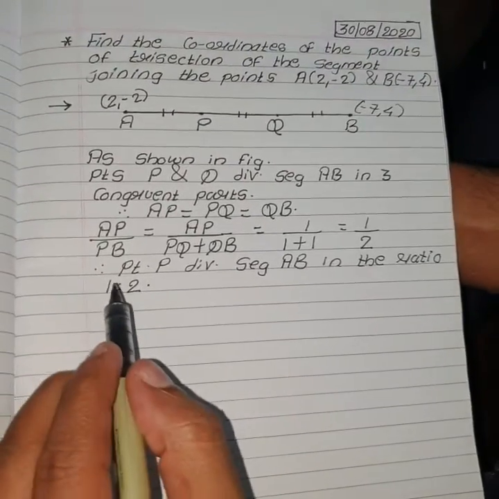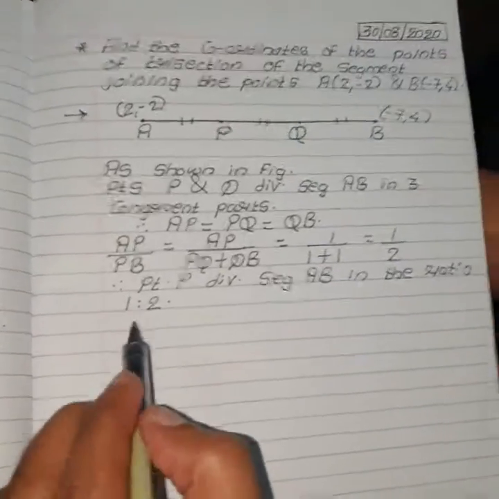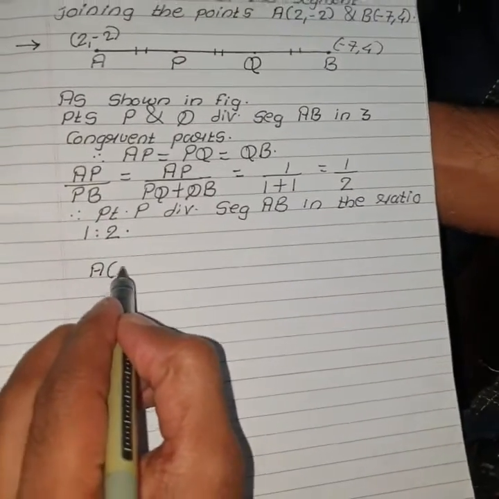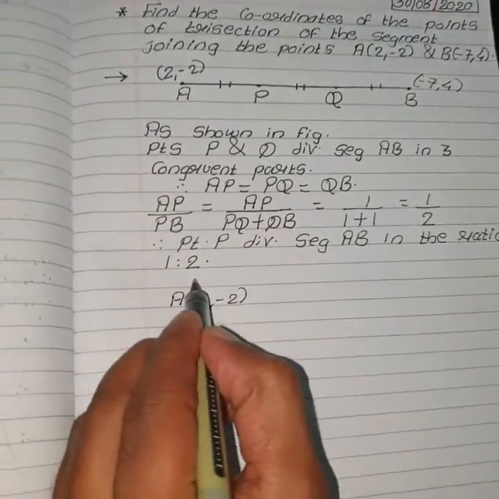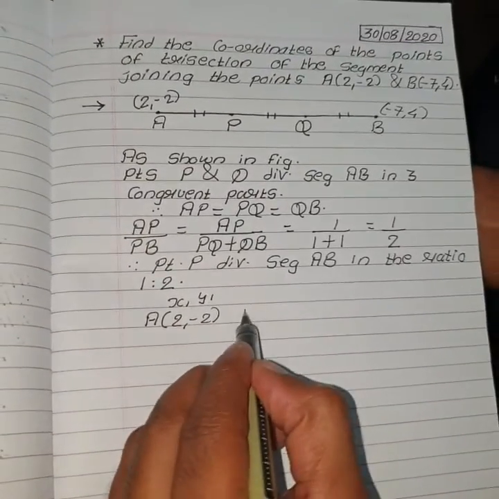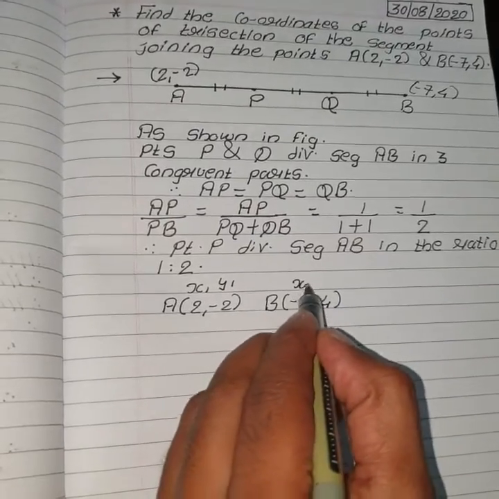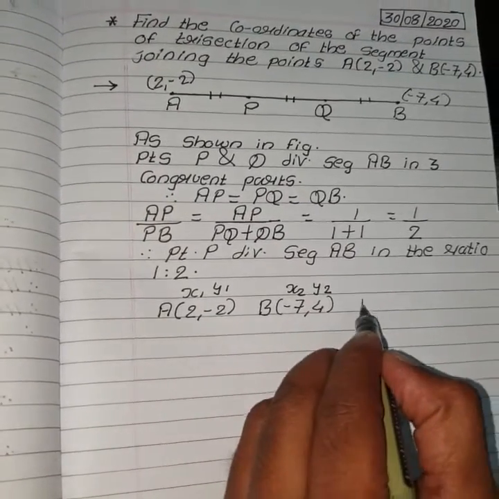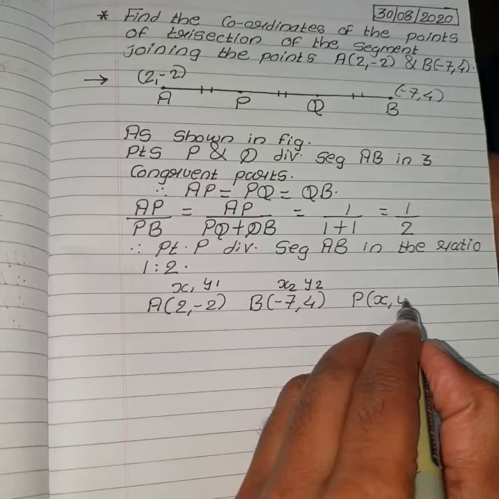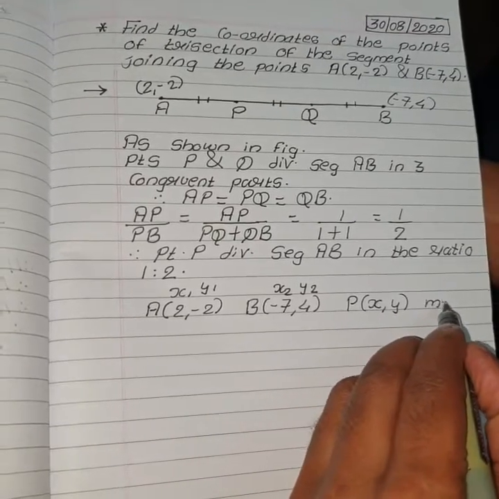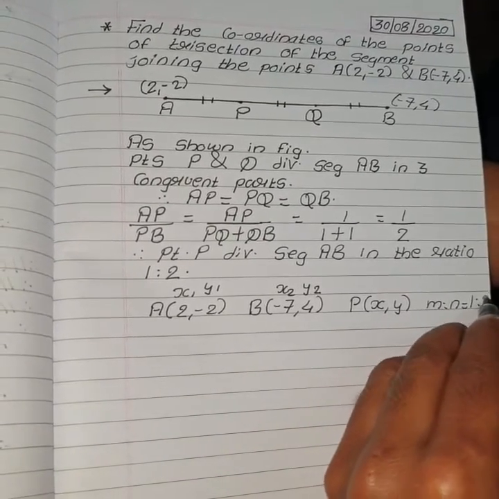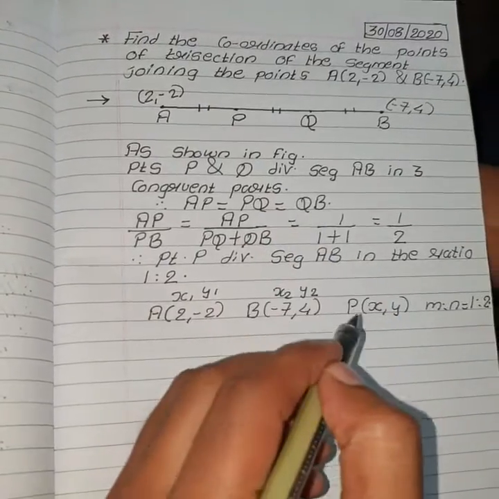Now we will apply section formula. A is (2, -2), x1 y1, B is (-7, 4), x2 y2, point P is (x, y), m:n is equal to 1:2. Now let's revise till here again.